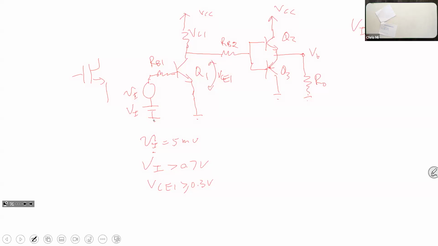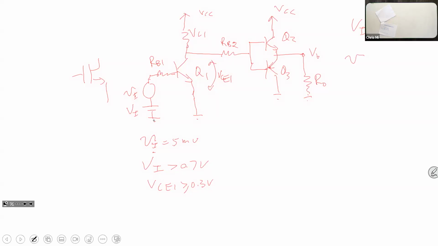It doesn't work, regardless of how much lowercase vi you apply, unless you go really beyond 0.7, but we're talking about small signals in the millivolts. So that's the term called biasing. It's important that we bias the circuit so that it works in the active region, or, for your MOSFET, in the saturation region.